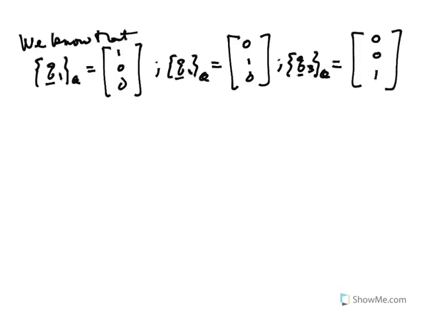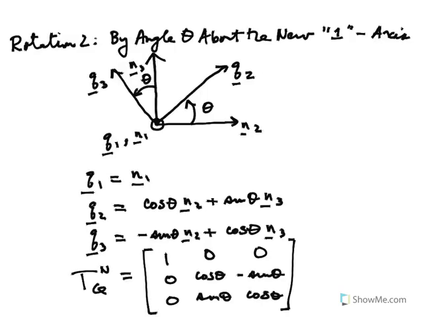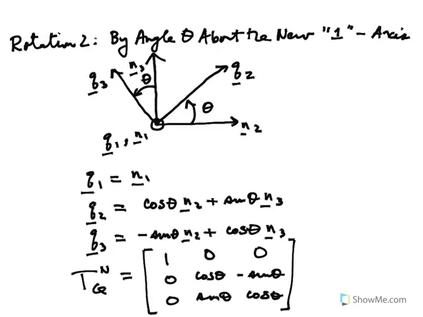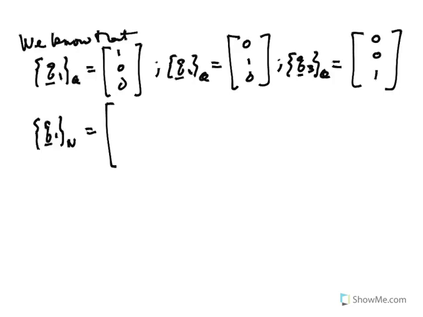When we do the same thing, because we're going now from Q to N, when we express Q1 in terms of the basis N, we get, well, let's look at it. We get Q1 is 1, 0, 0, because we're not changing that direction.